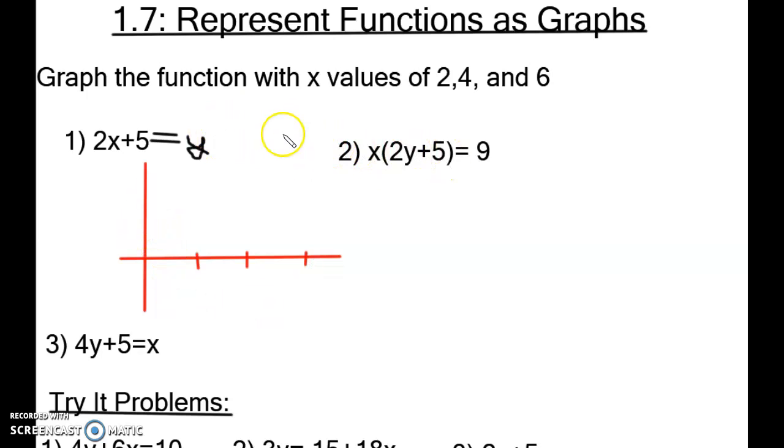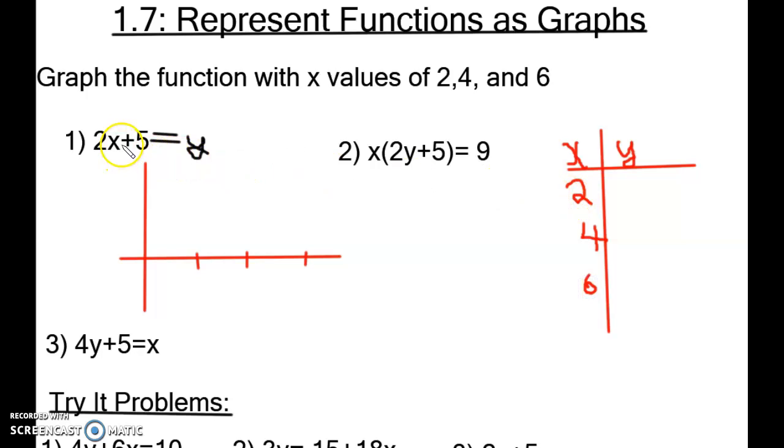The first thing you want to do when they give us this kind of equation is make a table, all the x and y values. So just go ahead and do that, where this is x, this is y. X equals 2, 4, and 6.